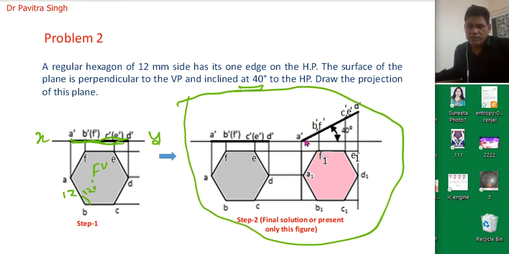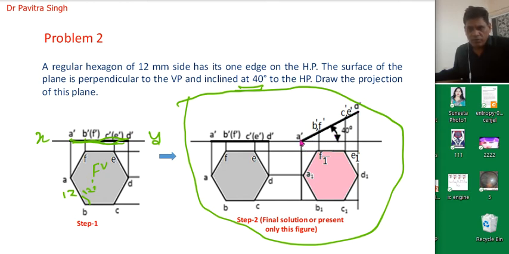All the sides, A dash B dash, B dash C dash and so on, are the same; only it is inclined at 40 degrees.